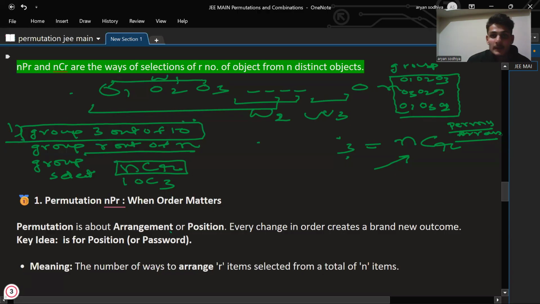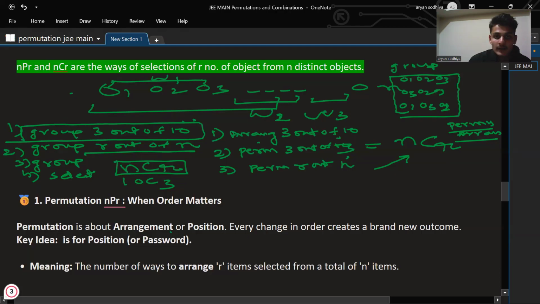Now, what is nPr? Terms like these come: nPr, arrange 3 out of 10, permute 3 out of 10, permute r out of n.